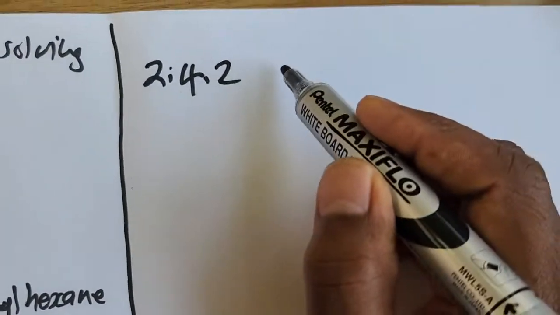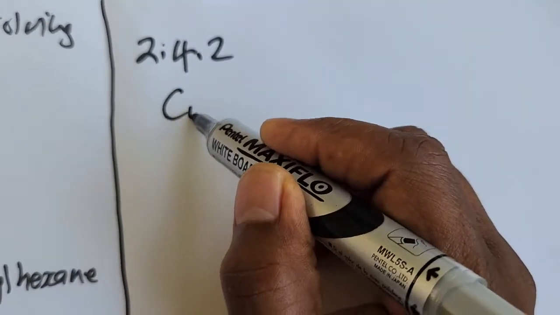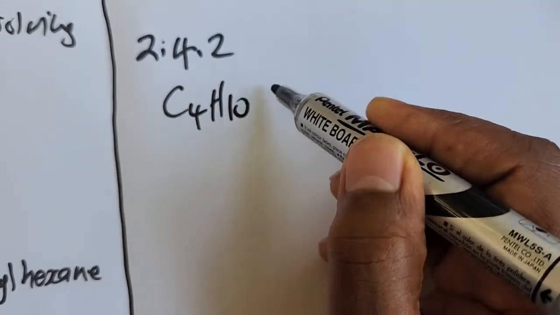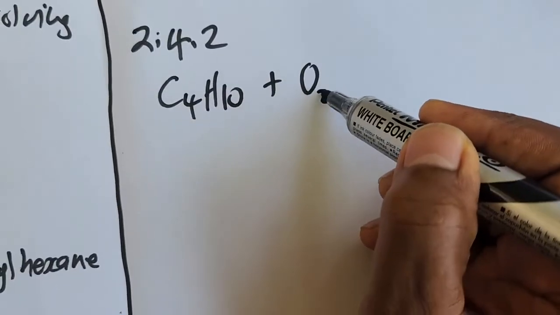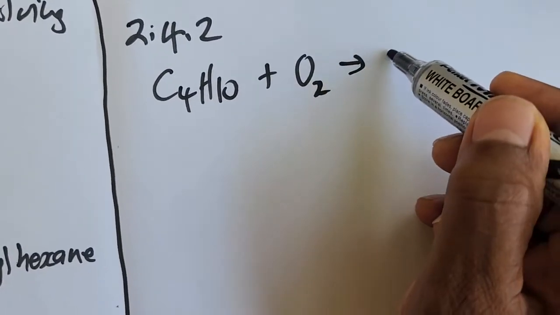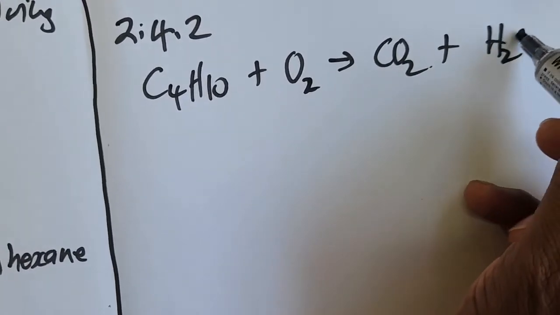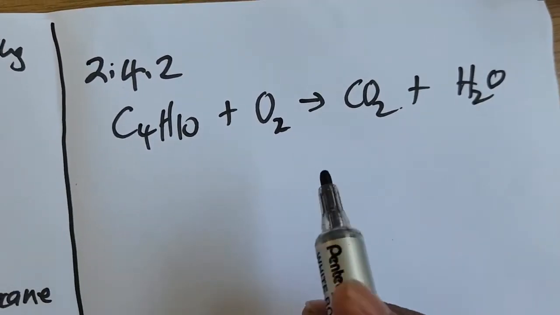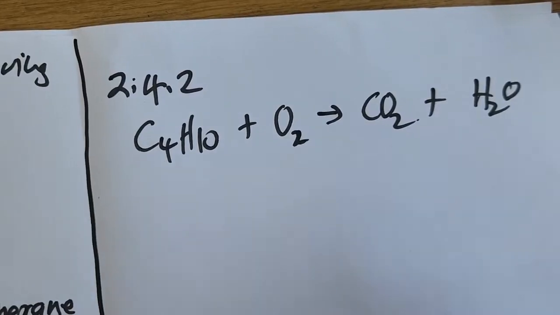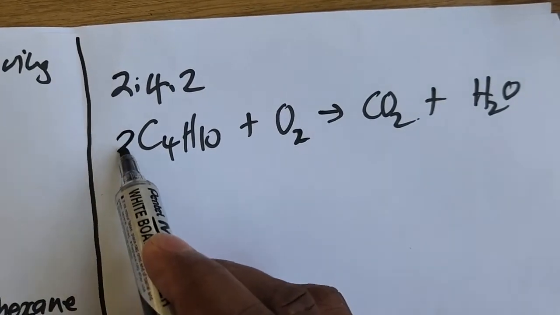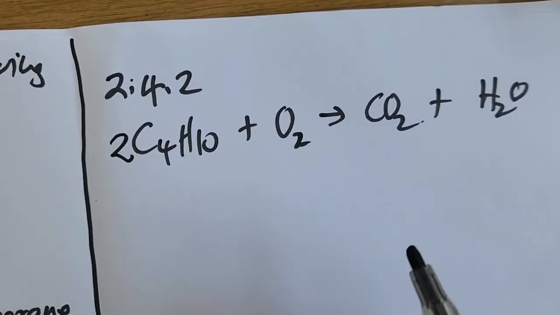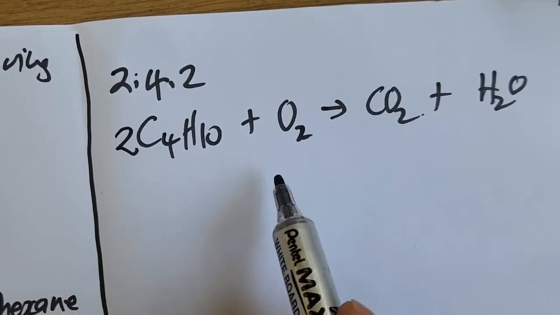Just write C4H10 plus oxygen forms carbon dioxide plus water. Very easy. In all these cases, you don't have to think, just write 2 in front of the organic compound here as a reactant.